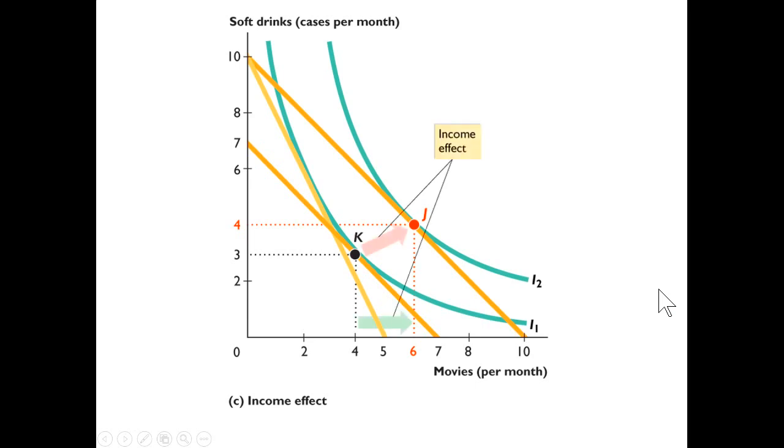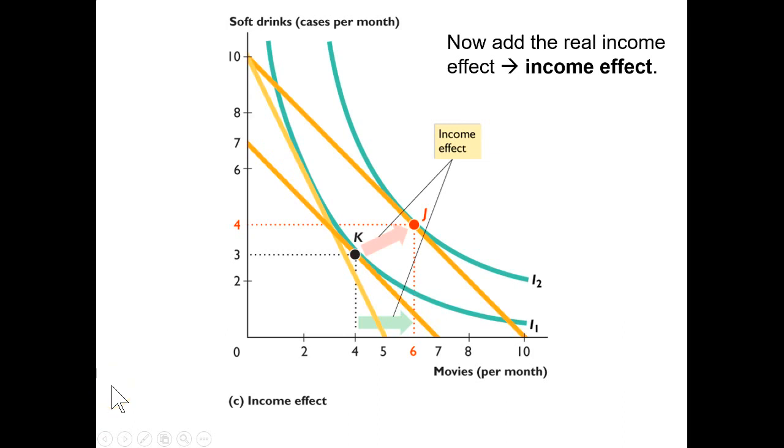That is, moving from the theoretical K point to J. This must have been due to being able to afford to purchase more, rather than simply movies becoming relatively cheaper. So movies become relatively cheaper and we shift to point K, so there's an increase in the quantity demanded, and then there's an increase in the quantity demanded due to being able to afford more, the income effect. So this is the Hicksian decomposition.